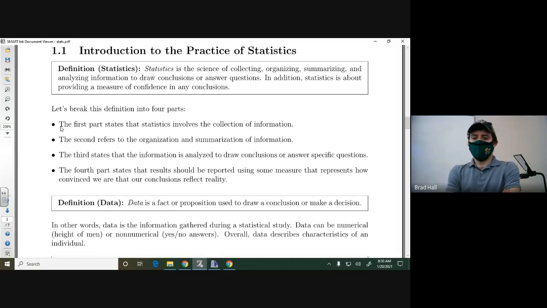So this would be the organization and ultimately the summarization. What does that ratio yield as a percentage? What does that average yield as a number? And then how do you analyze this information? What does this tell you about the population?